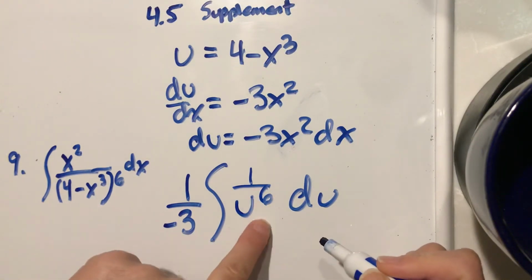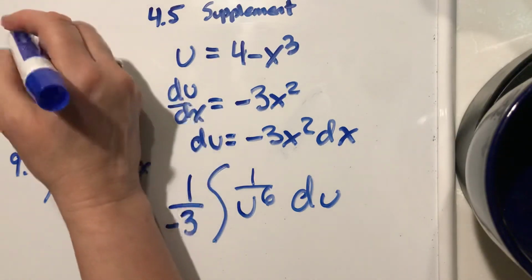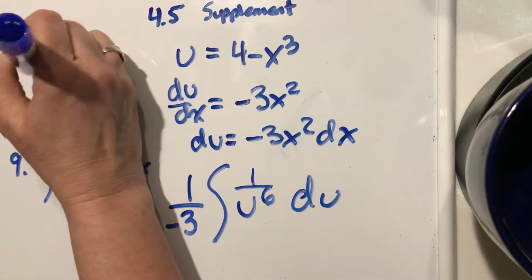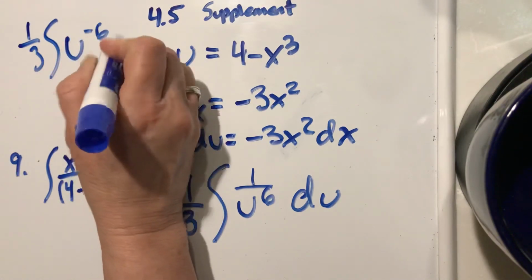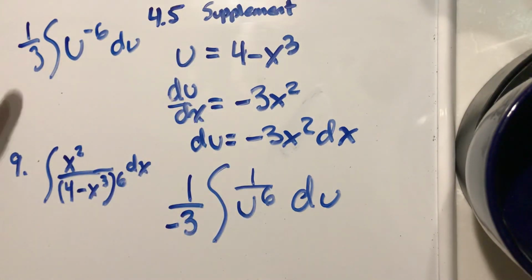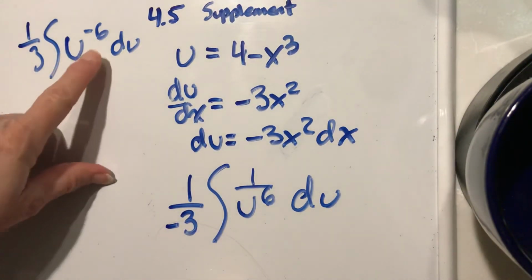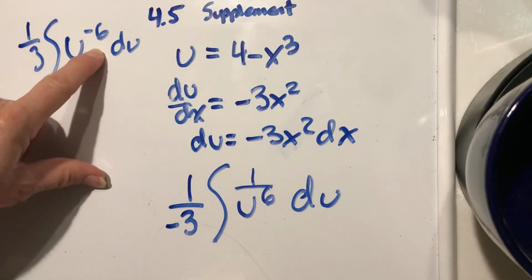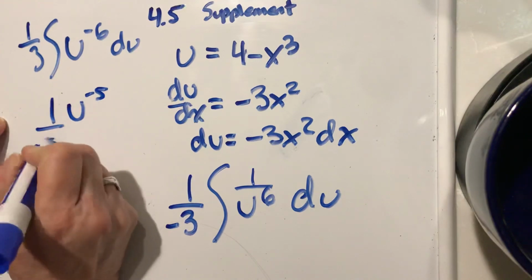Okay, so in order to integrate this, we're going to change this. I'm going to go up here, see if you can see here. 1/3 integrate u to the negative 6 du. Okay, so we're going to integrate this. I'm going to erase this over here. Integrating this, we're going to add 1, so we have u to the negative 5 over negative 5.